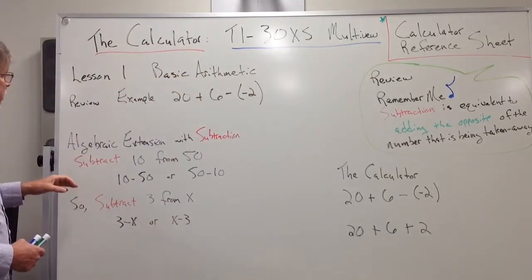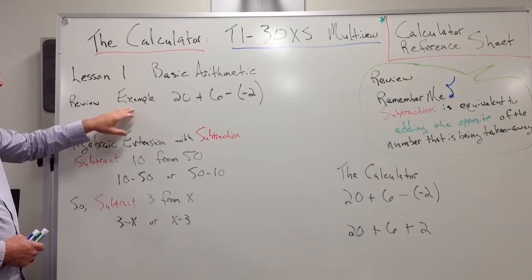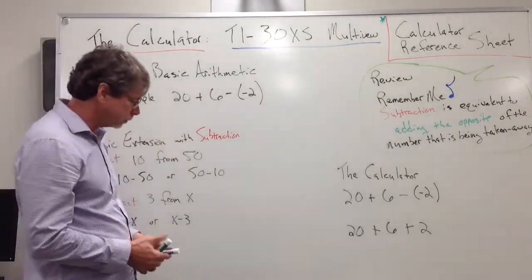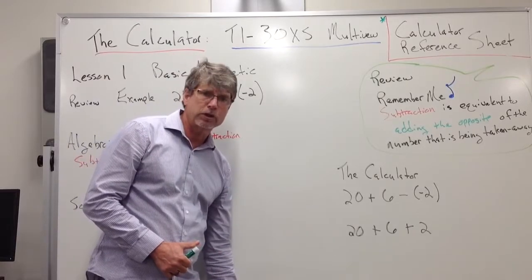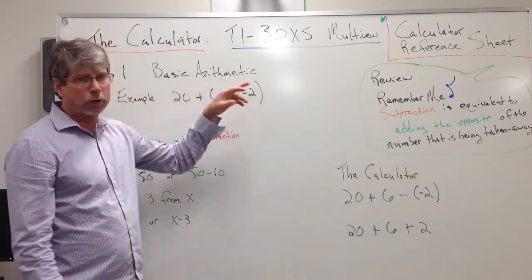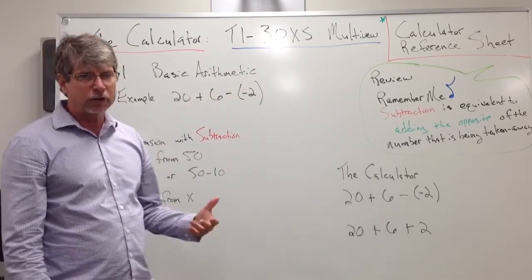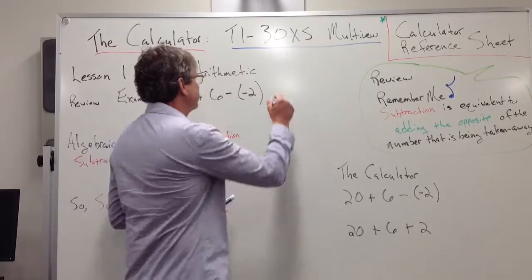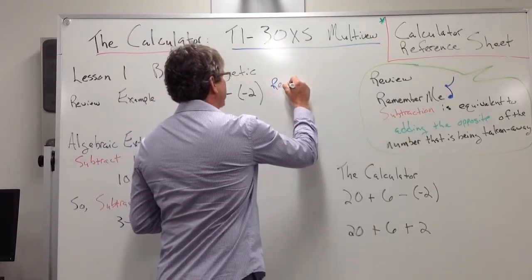So as a review, I want to again look at this example of an addition and subtraction problem. As I said, the order of operations, we add, then subtract. But sometimes subtraction can be confusing when we're working with positive and negative numbers. And that's why it's always a good idea to rewrite. This is a good one to rewrite.